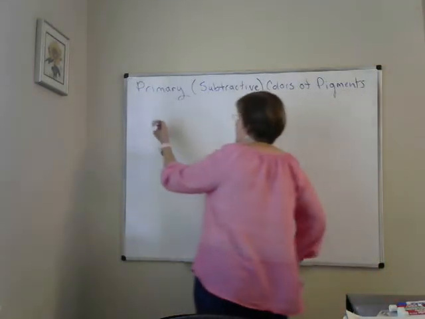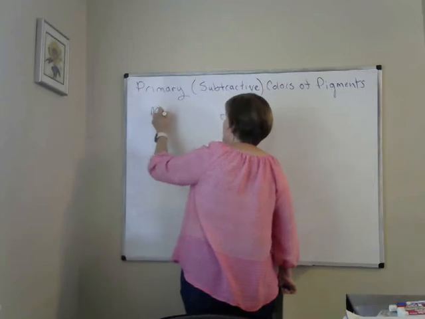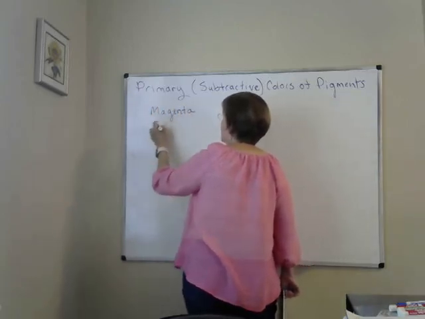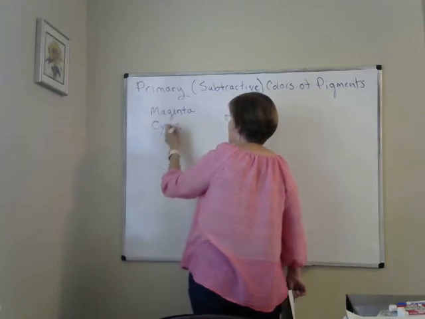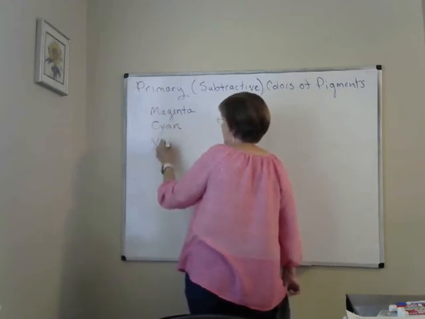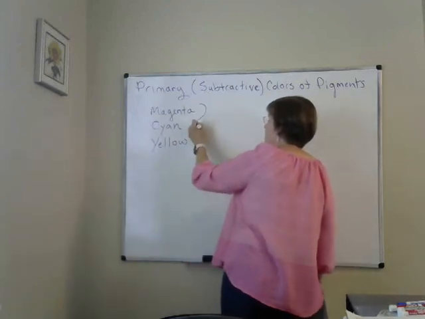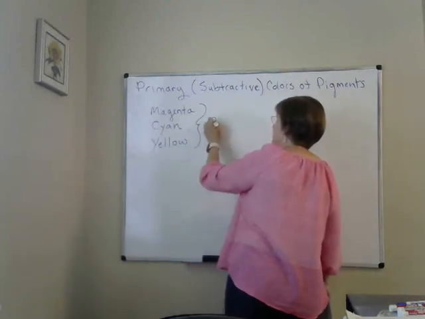The primary pigments are magenta, cyan, and yellow. If I mix all three of those, it will make black.